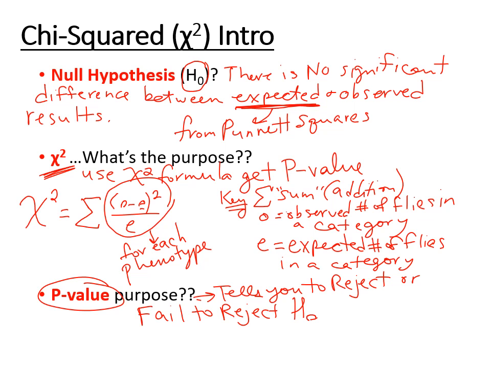Before we move on to the examples, there's just one more point I want to make. When you see that O minus E on the top of that fraction, sometimes you'll hear this called deviation. I won't refer to it like that, but just in case you're reading a textbook or anything, deviation, because you're basically seeing how much did I deviate in my observed phenotypes or observed offspring from what I was expecting.